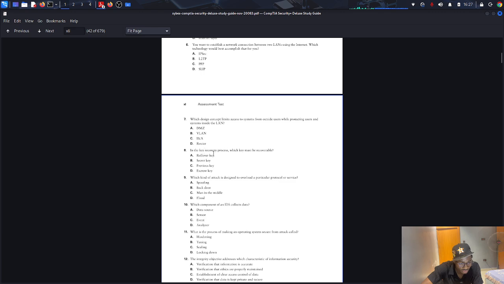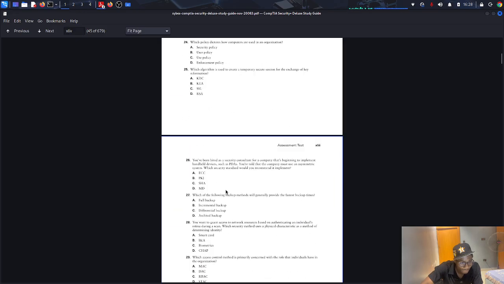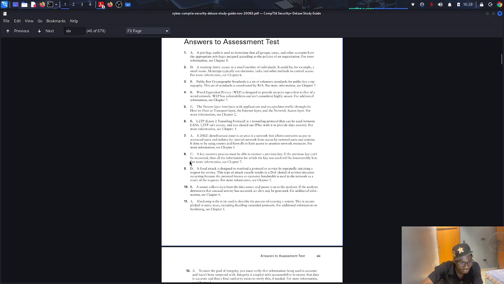In the key recovery process, which key must be recoverable? I said B. C. A key recovery process must be able to recover a process key.